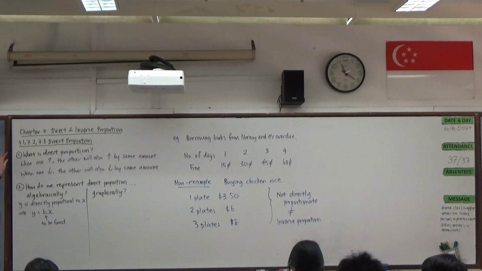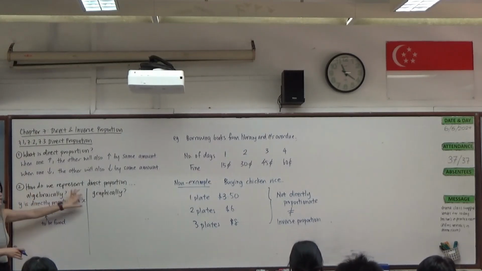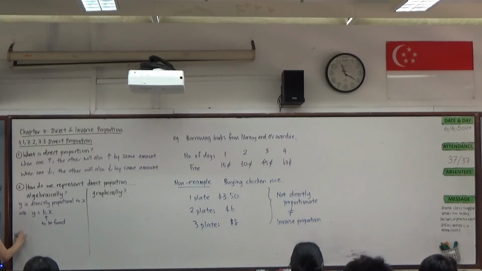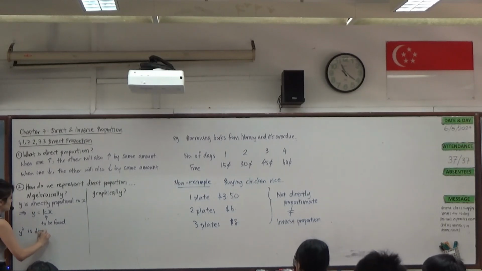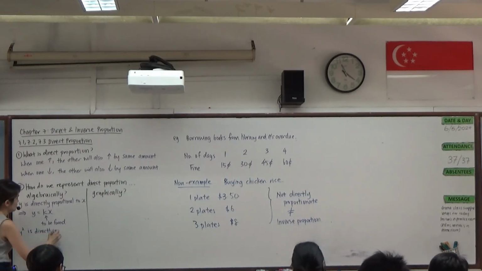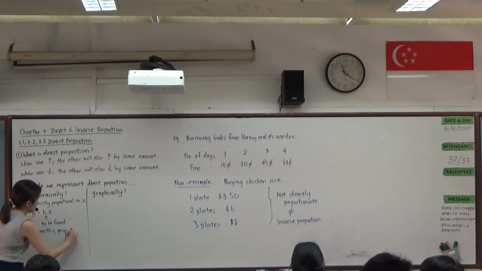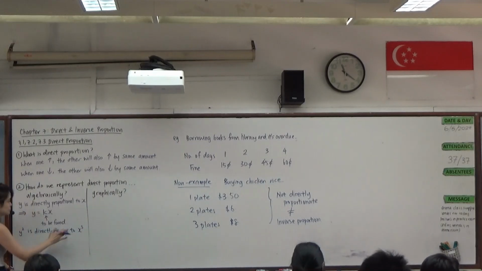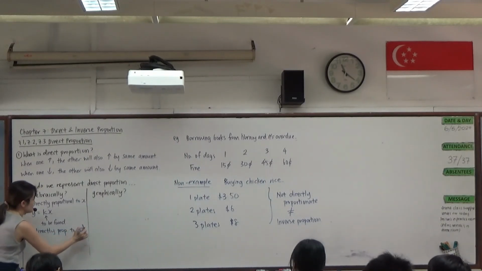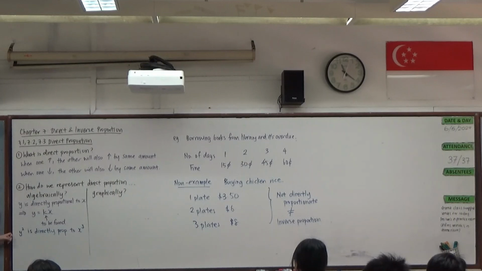Later on, when we go into chapter 7.3, we are not limited to just having y and x as individual variables. I can also have another situation, let's say y squared is directly proportional to maybe x cubed. It is entirely possible to say things like y squared is directly proportional to x cubed.